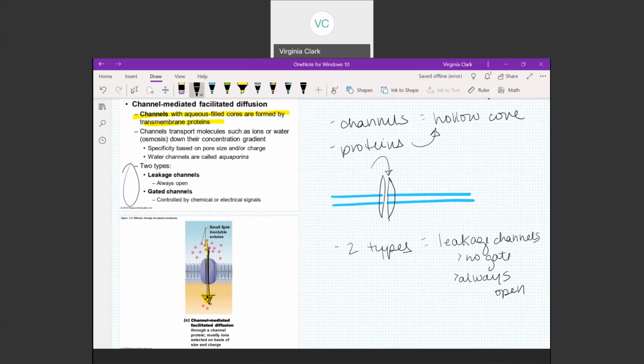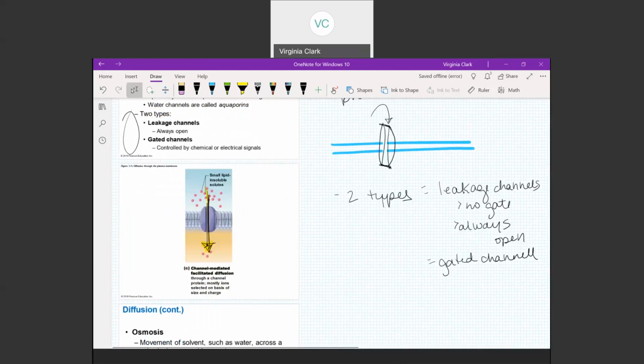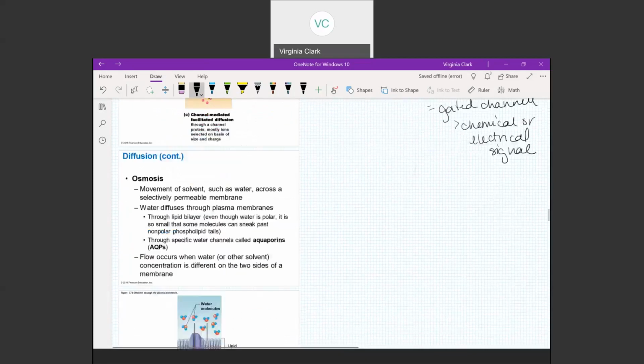But then you're going to have a gated channel, and a gated channel will have some sort of block, and it will only open for some sort of chemical or electrical signal. So it has to have some sort of signal to open up the gate so that things can come in. These are going to come into play a little bit later in this section.